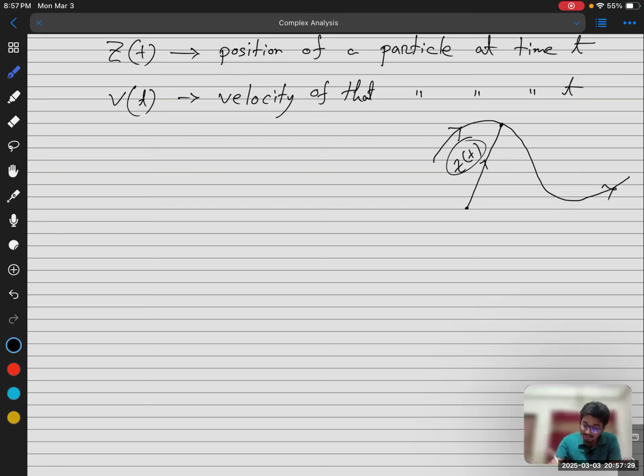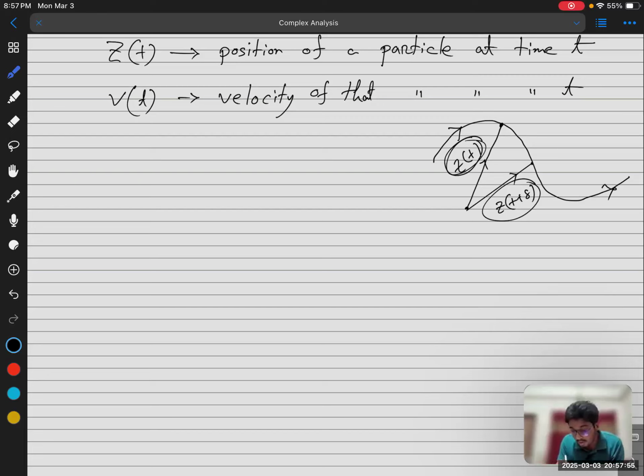Then this is z(t), and at time t plus delta t, let's say some delta time later, the particle will be at this point. So this vector is going to be z(t plus delta t). So the initial position vector was z(t), the final position vector was z(t plus delta t).